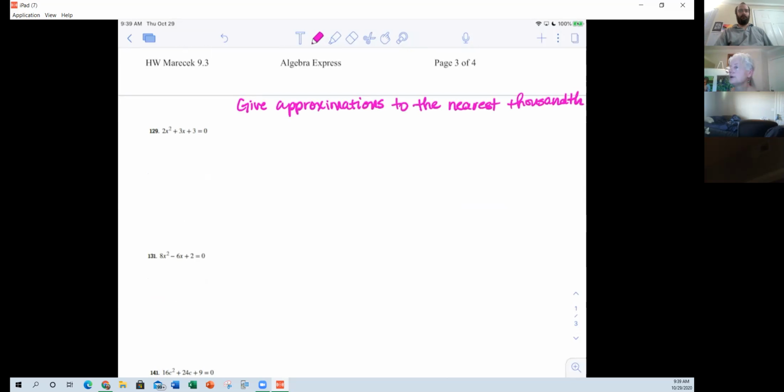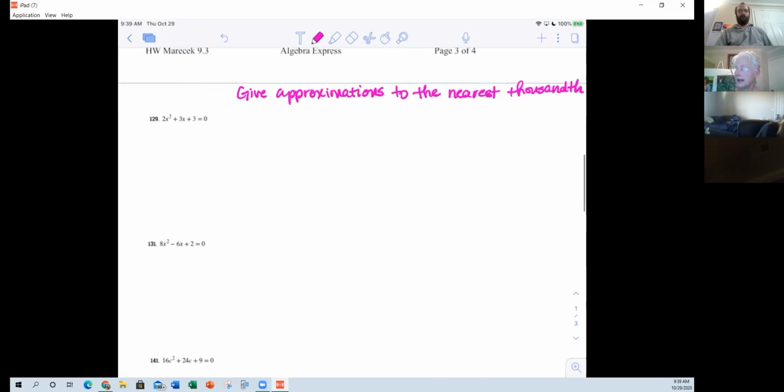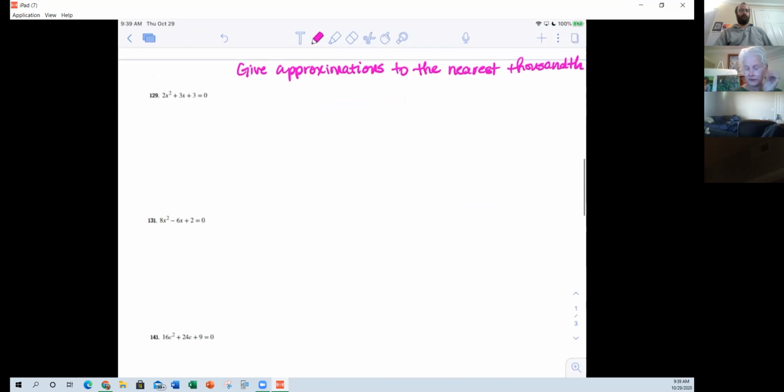Okay, so let's look at what I mean by that. Here I have A is 2, B is 3, and C is 3. Now you can only do that if it's not imaginary. So hopefully this one doesn't come out to be imaginary, but if it does, that's okay.